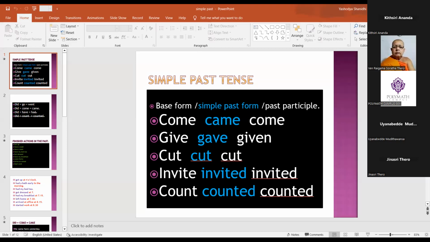Today we can start learning the simple past tense. We have already done the present tense.